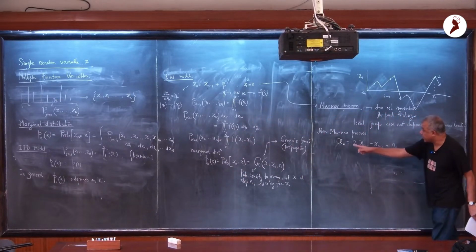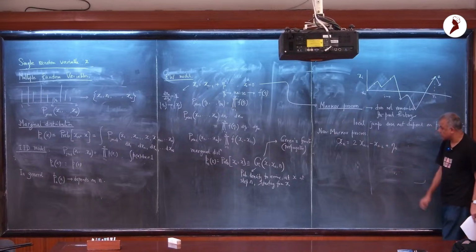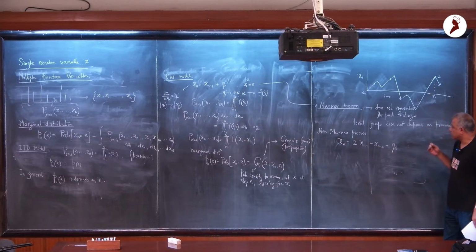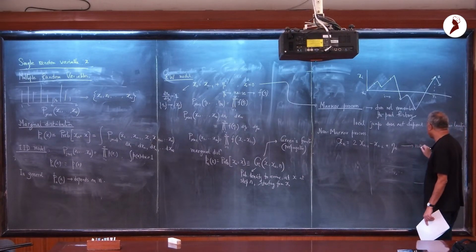Here you see that x_n, the current location, depends not only on the previous time step, but on the previous two time steps, x_{n-2} and x_{n-1}. So this is called a two-step Markov process, or non-Markov. This is non-Markov because it depends not just on the previous location, but on the one before the previous location. Okay? So this is an example of a non-Markov process.